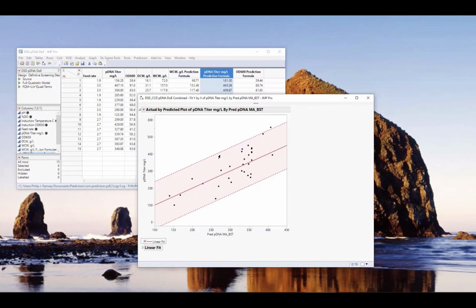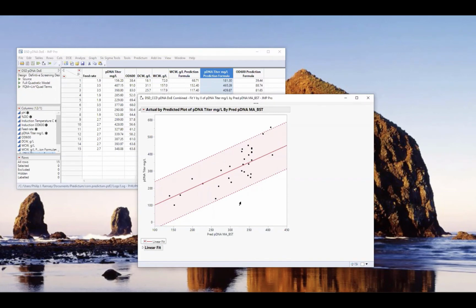To help you see better the trend, I've actually put prediction intervals on each side of the line. And that's there, frankly, just to illustrate to you the clear linear trend.